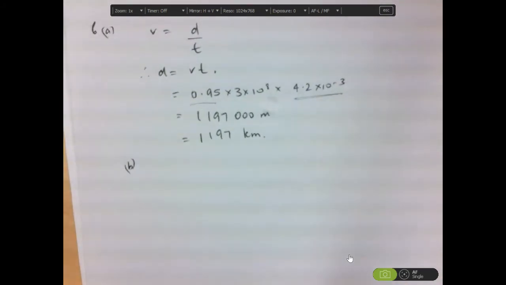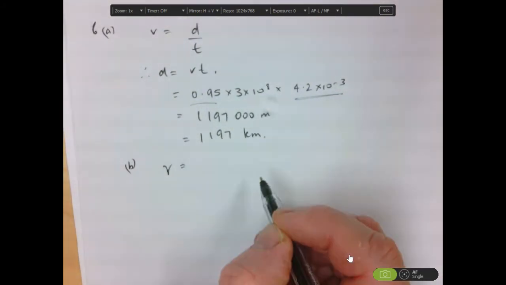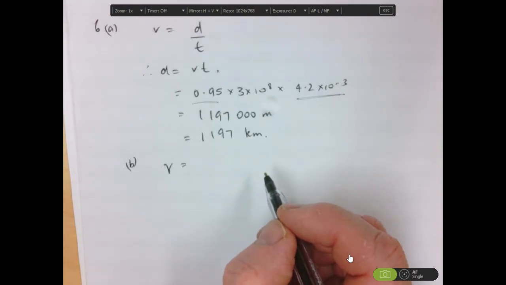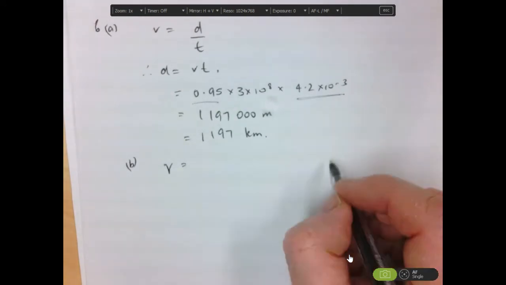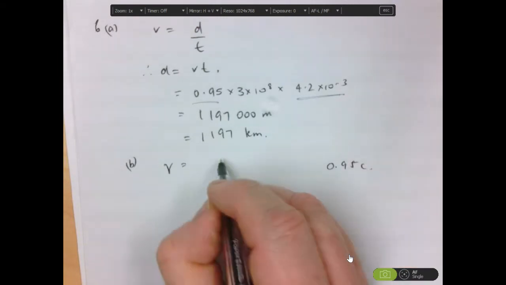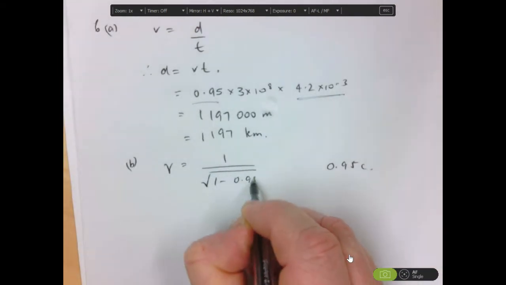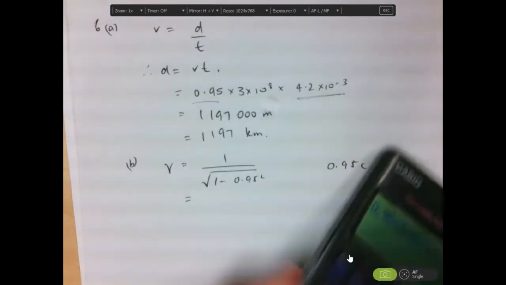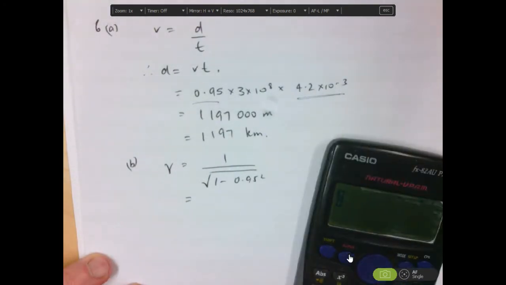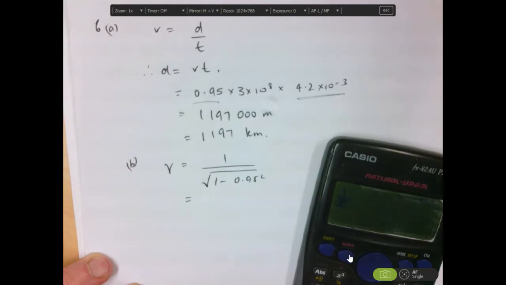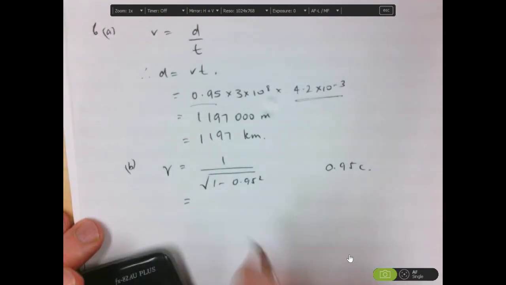So we have got a gamma factor going on here with a velocity of 0.95 c. So our gamma factor is 1 over the square root of 1 minus 0.95 squared, so 3.2.